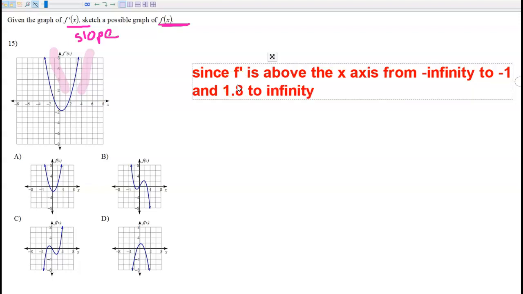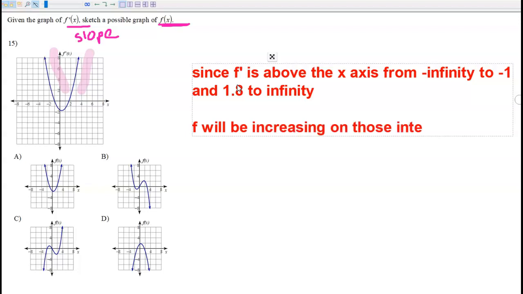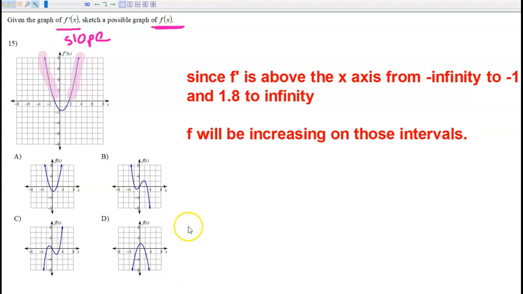Since f prime is above the x-axis on those two pink intervals there, f will be increasing on those intervals. So let's look at our graph, and let's see if we can find a place. Which one of these graphs are increasing from negative infinity up to about 1.8?